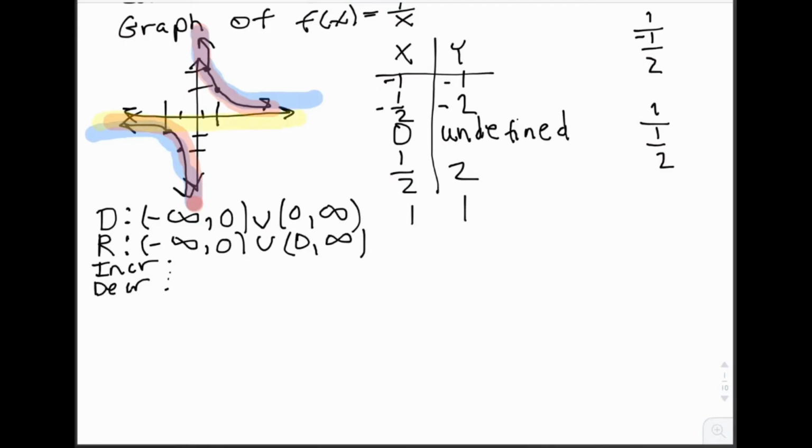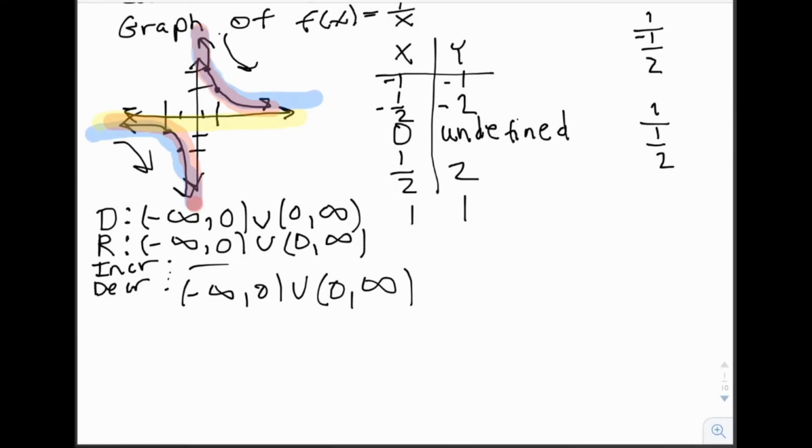So in this case, we will be decreasing from negative infinity to 0, as well as decreasing from 0 to positive infinity. Because notice how, moving left to right, we move in this downward direction, and again, moving left to right, we move in that downward direction. So we don't actually have any interval of increasing, so we don't need to put anything there.